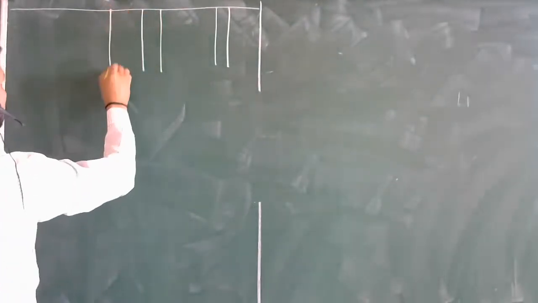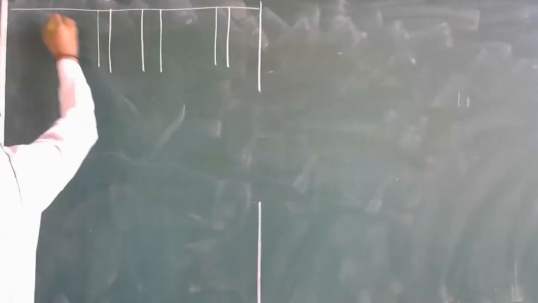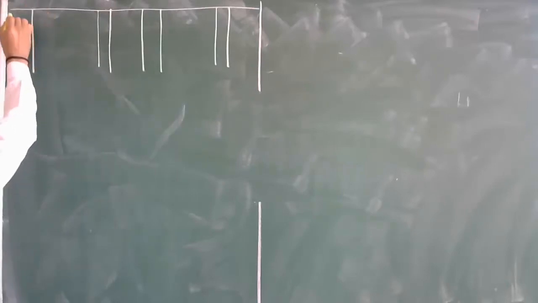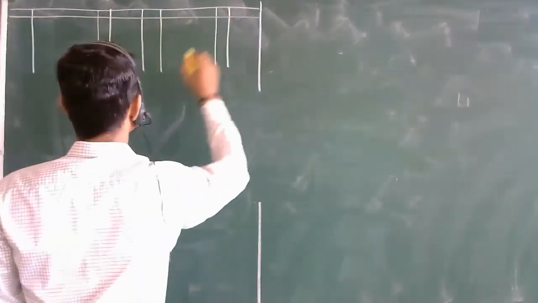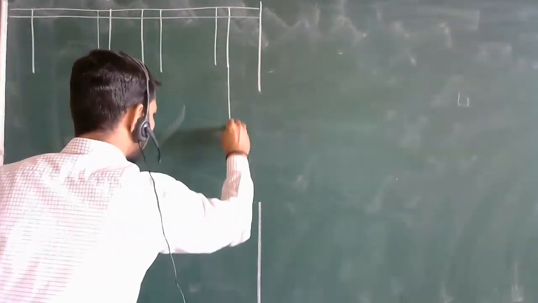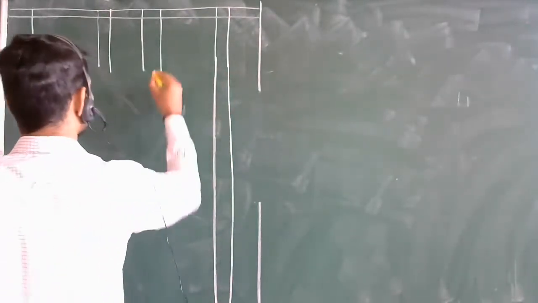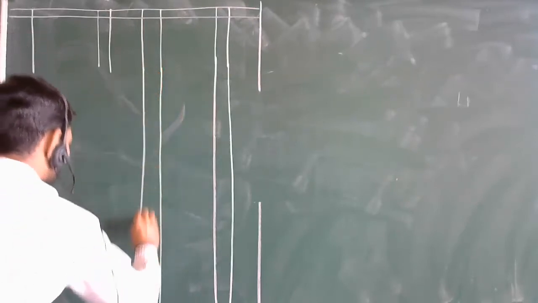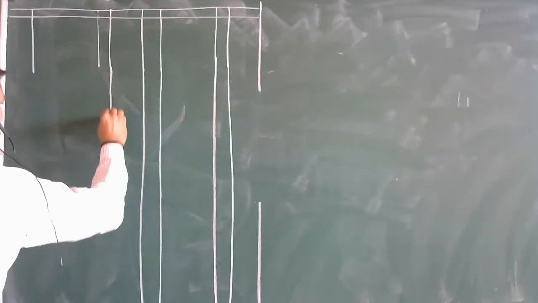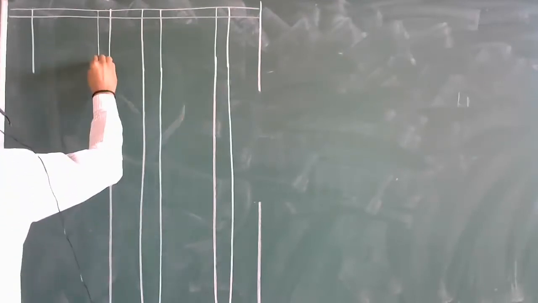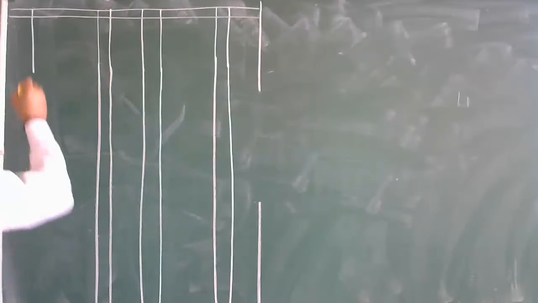Then amount column, JF, particular and date. Even you all start doing these things in your book.